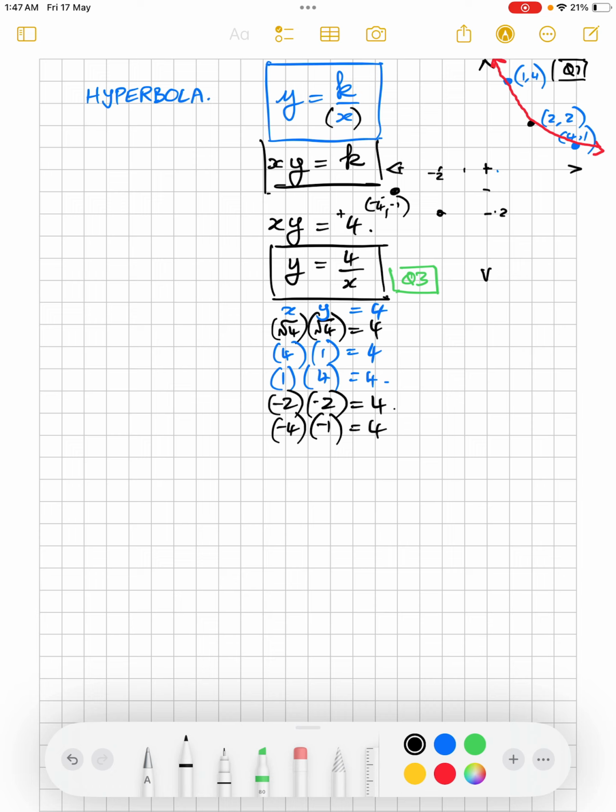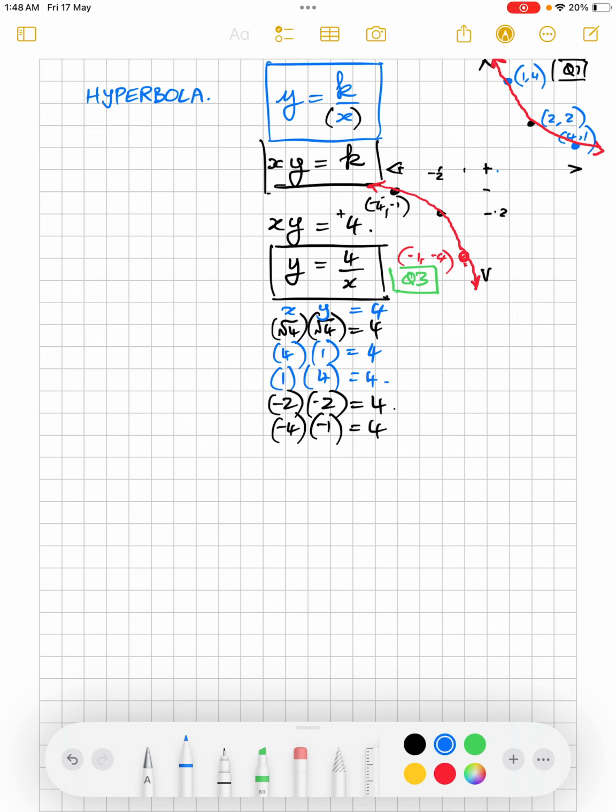And we've got negative 1, negative 4. And you can see that we're going to get the same shape on our graph, a hyperbolic shape, and that's going to run down through that point, the point negative 4, negative 1. And there is our graph of the hyperbola.